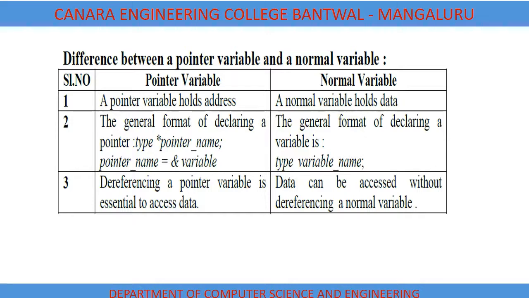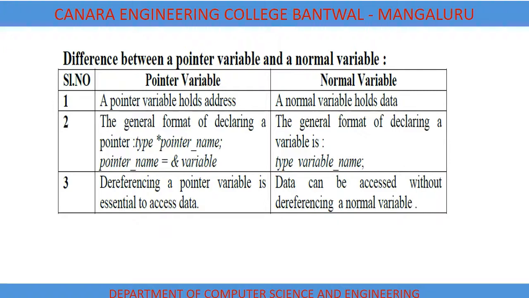Dereferencing a pointer variable is essential to access the data. Data in a normal variable can be accessed without dereferencing, so it is not required; you can use normal variables straight away. One more thing: when I store anything in a pointer variable, it will treat it as an address, and whenever I store anything in a normal variable, it will treat it as data.